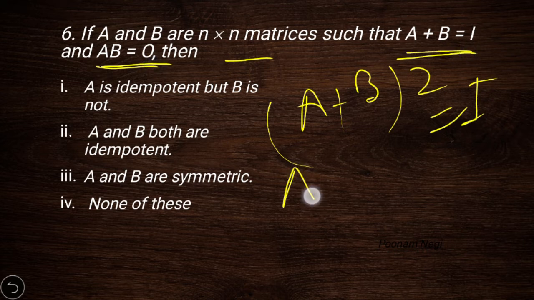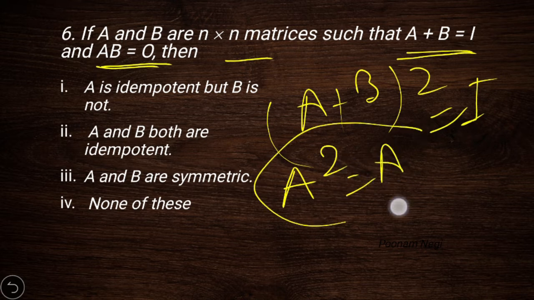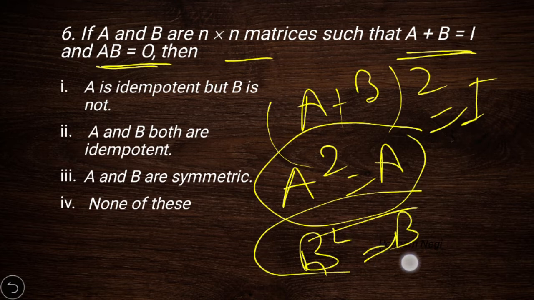For any matrix to be idempotent, we must have A square equals A. If by substituting A square equals A and B square equals B you are verifying the equation, then that means the matrix is idempotent.